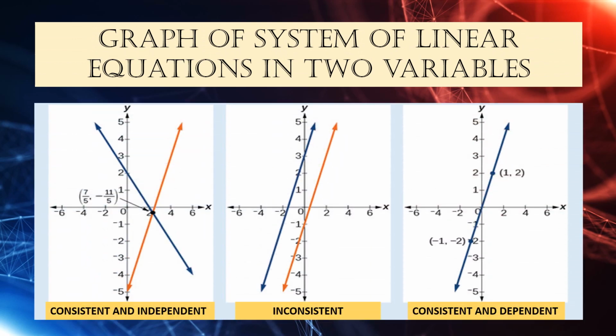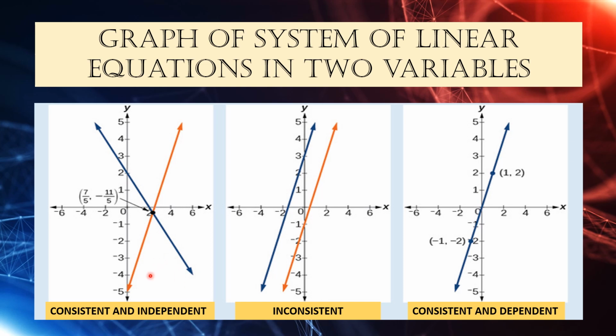Let us look at the graph of system of linear equations in two variables. The first illustration is the graph for consistent and independent.